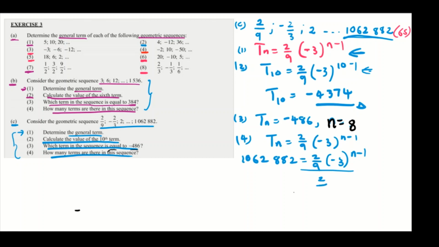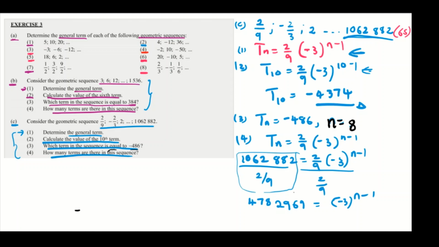Divide by 2 over 9. And then the value that you're going to get, you can punch this in your calculator. You're going to get 4782969. I didn't just use my head but my calculator, so please use a calculator.